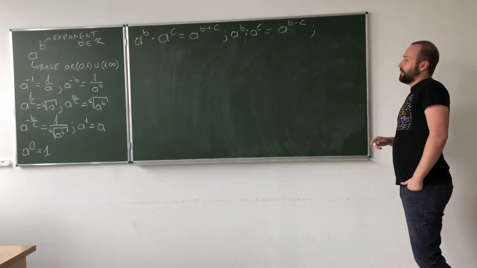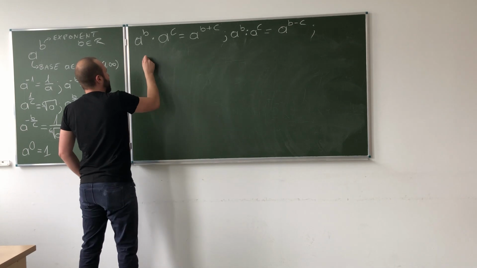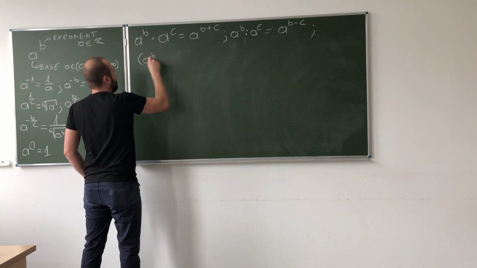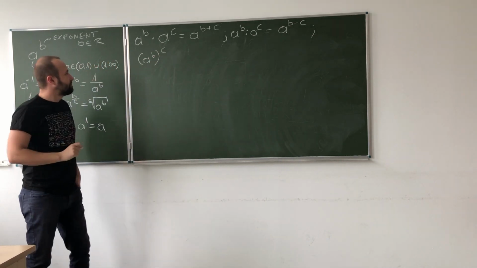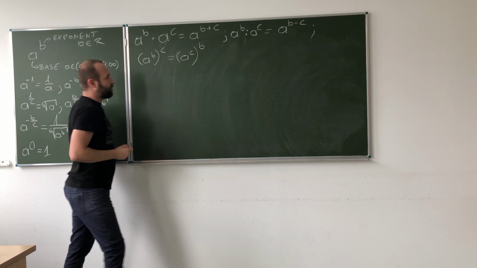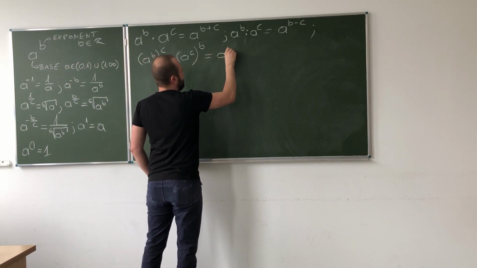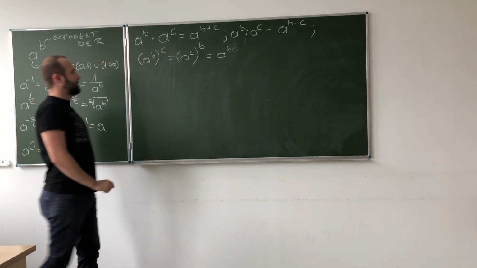Then the last rule we need to know is that a to the power of b to the power of c is the same as a to the power of c to the power of b. And of course, this can be simplified as a to the power b c.